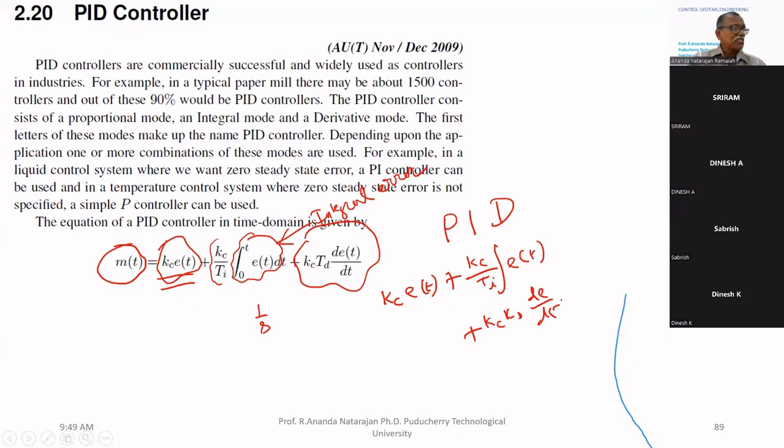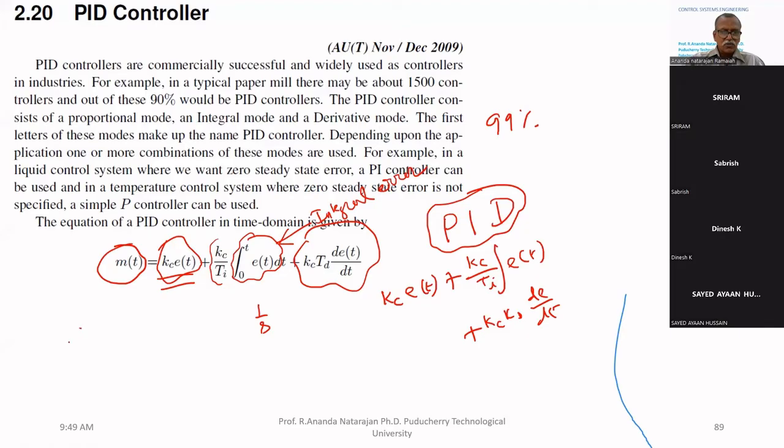If you give all compensations together, then it is called the PID controller. This controller is used in most of the industries. 99% of the controllers in the world are PID controllers.